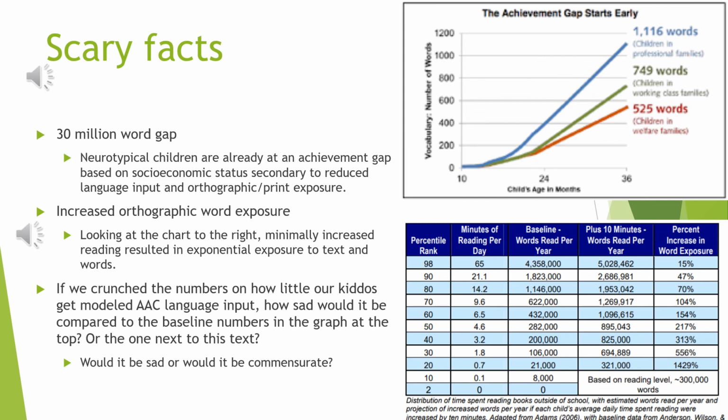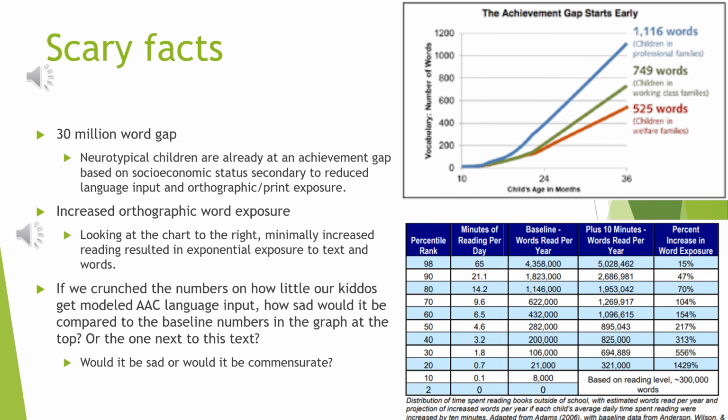The 30 million word gap happened when neurotypical children were found already at an achievement gap, not because of language impairment or any level of cognitive impairment actually, but because of their socioeconomic status. Their lack of money, unfortunately, reduced the orthographic, the written print exposure. These kids just didn't have the luxury of having as many books in their home.